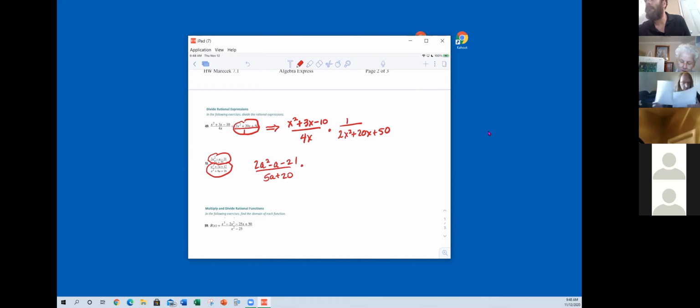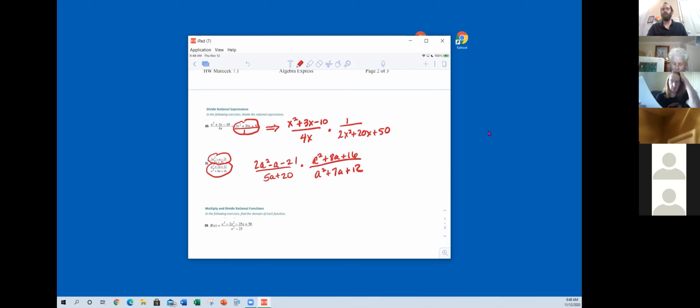What would be the second fraction? A squared plus 8a plus 16 over a squared plus 7a plus 12. Right, and then you just go from there.